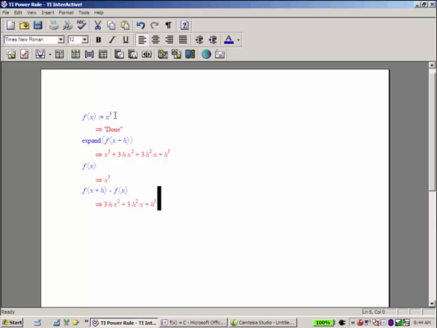So if the function's x cubed, I just want to show you that we have the derivative. If we did it algebraically, we would be looking at f of x plus h minus f of x all over h.